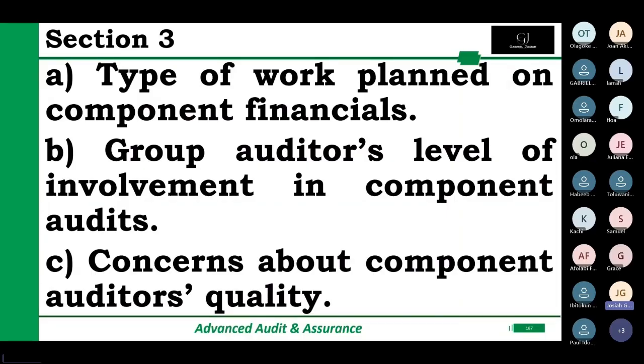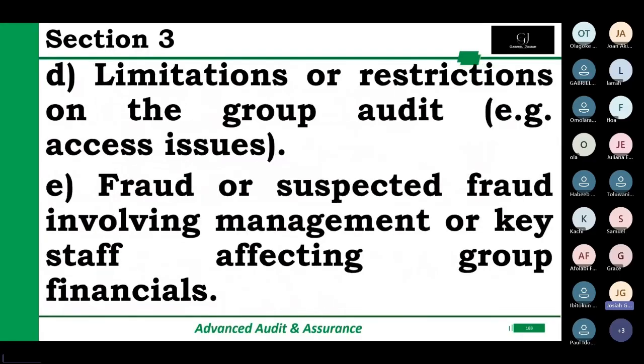Where he has issues with component auditor's quality that will impact his work, he needs to communicate with those charged with governance on recommendations on changing them or refusal to obey his letter of instruction. Very important because it will impact his work and he's responsible solely for the entire group's opinion.